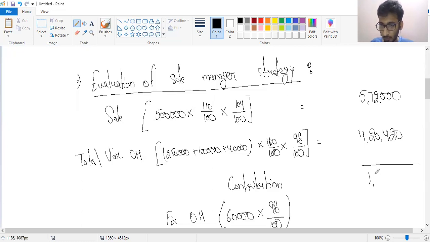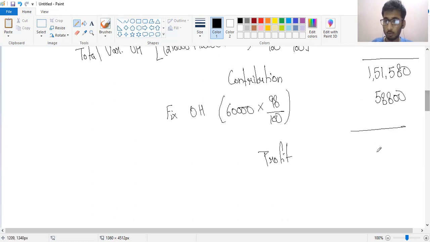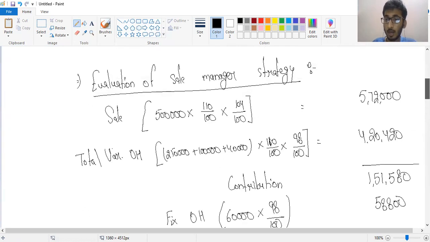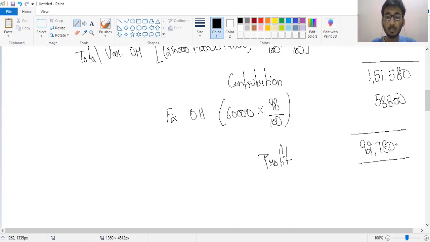It would be 151,580, and my fixed cost would be 58,800. So my profit would be 92,780. And now the sale manager is saying that if we do all these things, then our net profit in comparison to capital employed would increase up to 23%.